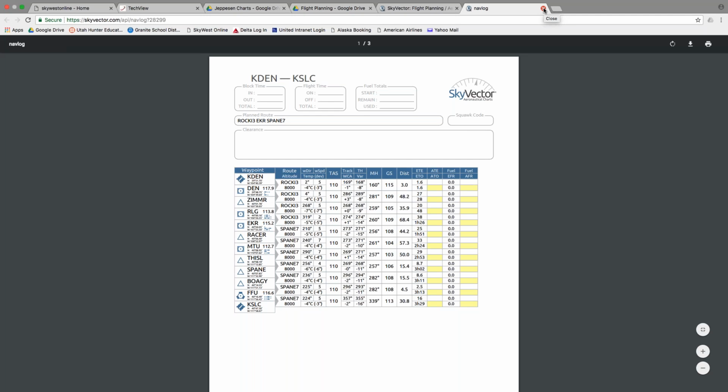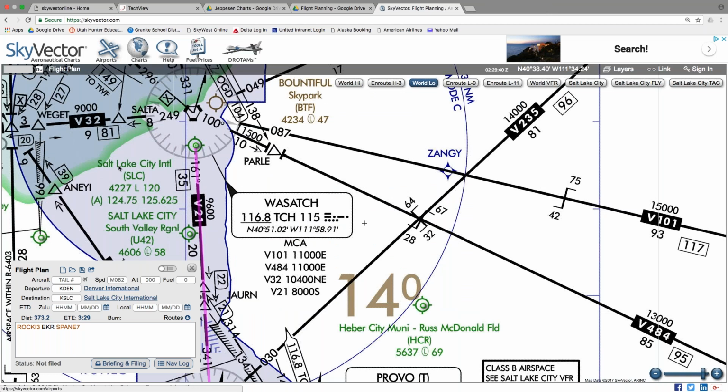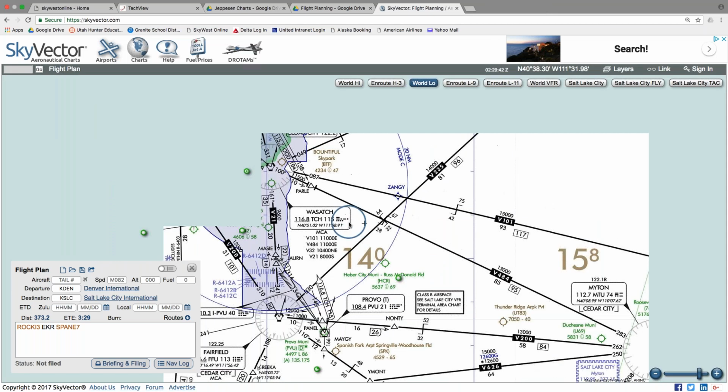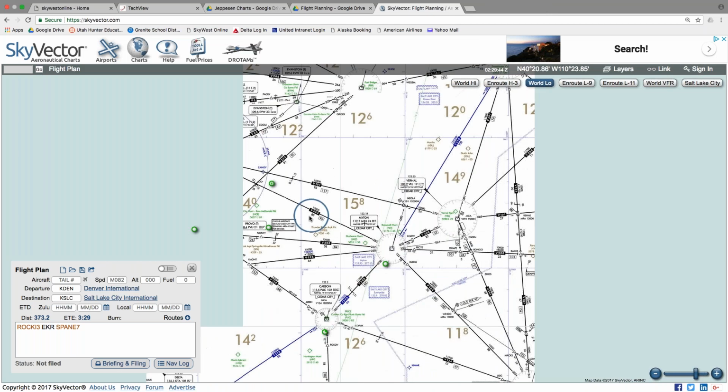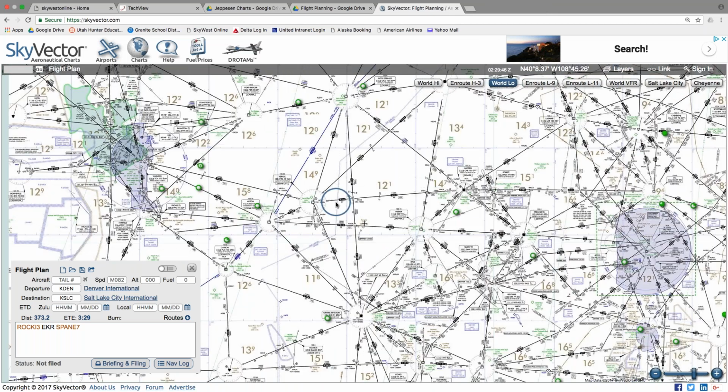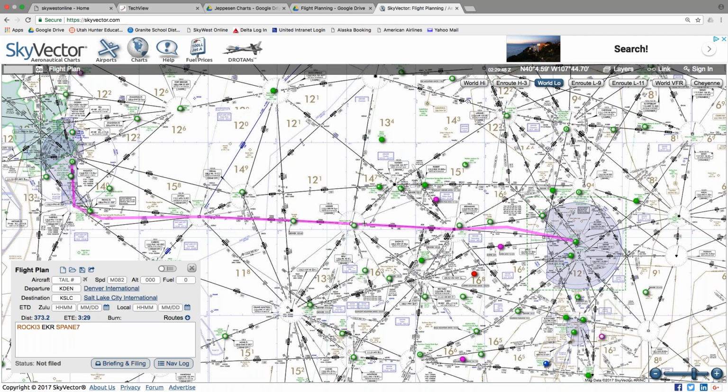Yes, we're planning that. If it was using the SID or the STAR correctly, it would go all the way up to Ogden and add it in. But it's not. Fuel-wise it does it that way, but distance-wise it does not, if that makes sense. It's really kind of a weird thing.